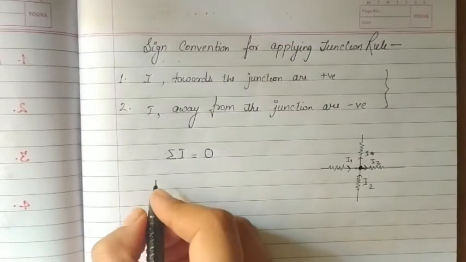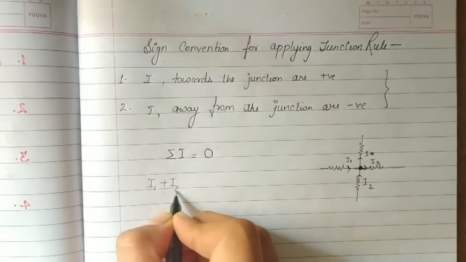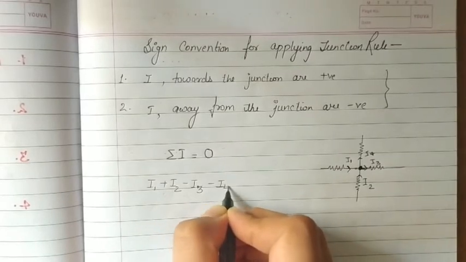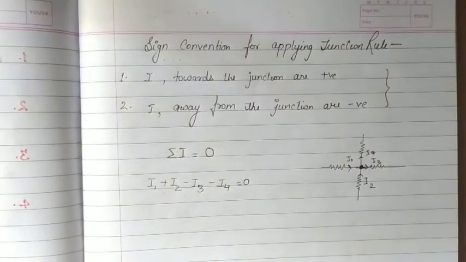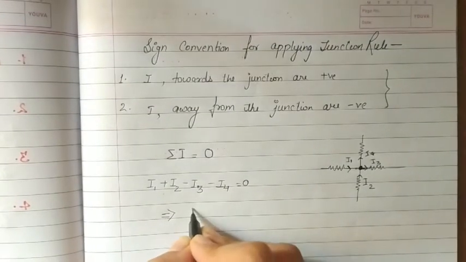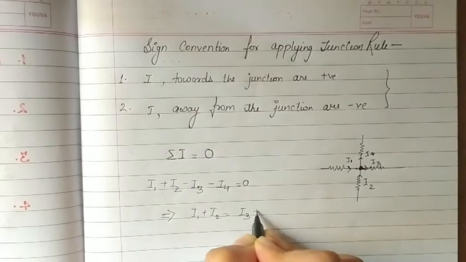So we can write it as I1 plus I2 minus I3 minus I4 is equal to 0, or we can rearrange it to get I1 plus I2 is equal to I3 plus I4.